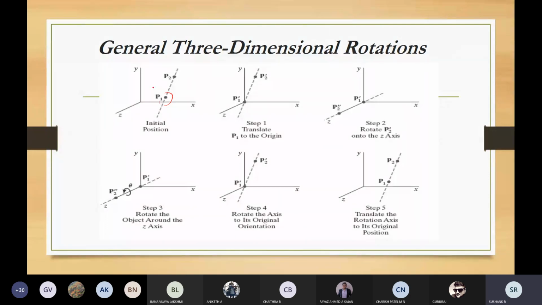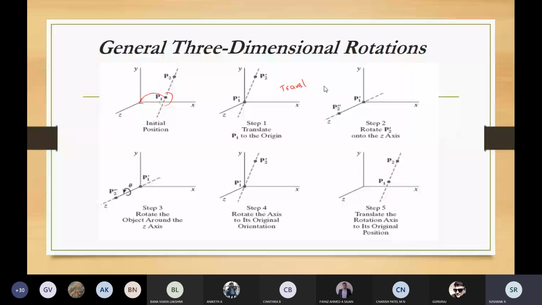So you move the point P1 to the origin. The first step will be to perform translation, so that the object is translated to the origin and the rotation axis passes through the coordinate origin.